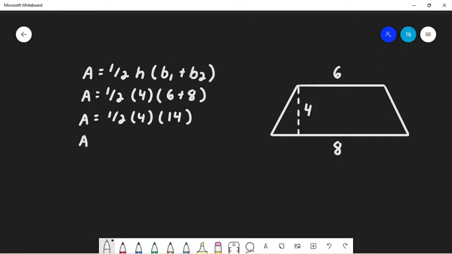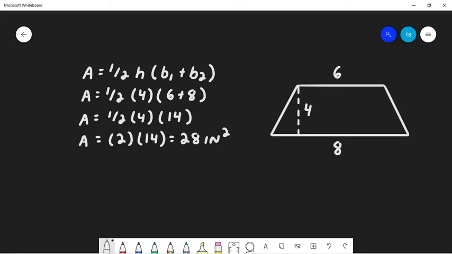And then 1/2 of 4 is 2, so the area is 2 times 14, which is 28. And we said that those are inches, so the area of this trapezoid is 28 square inches.